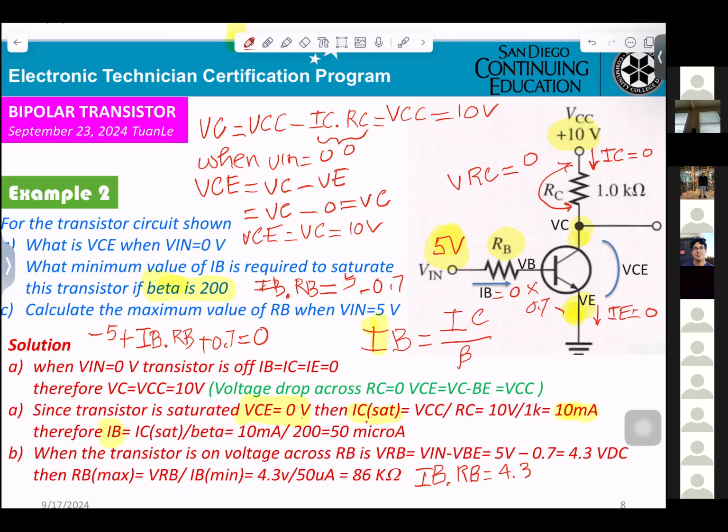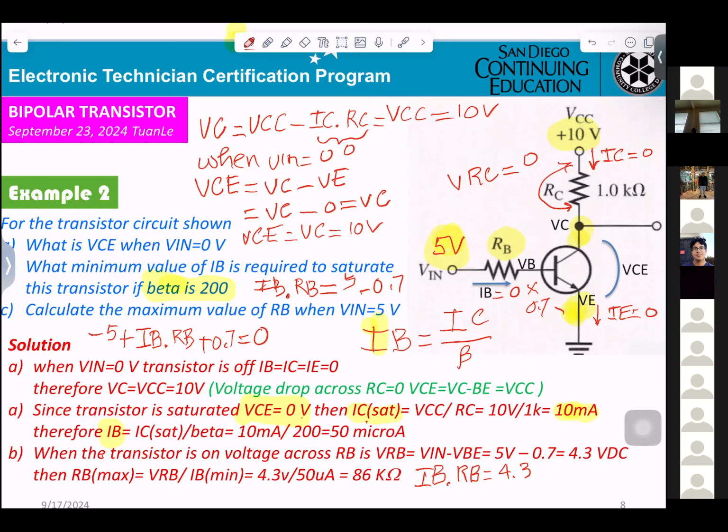They're already telling you in here. When the transistor is on, the voltage across RB, VRB, equals V in minus 0.7 equals 4.3, and RB maximum equals VRB divided by IB minimum, 4.3 divided by 50 microamp.